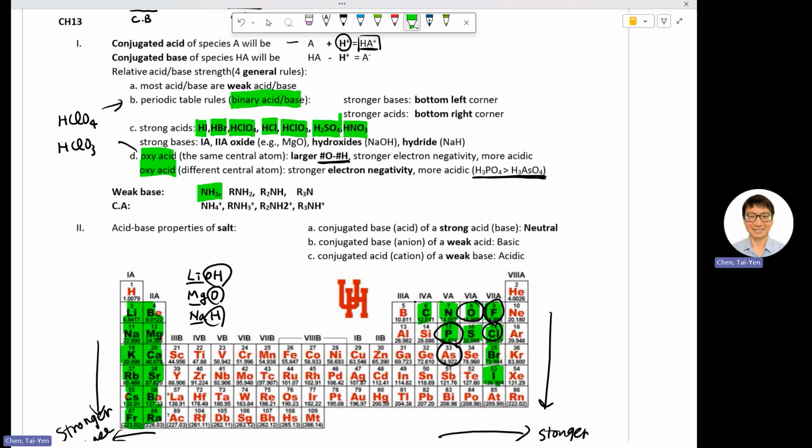Okay, so amine is a very, very well known and widely used base in your daily life. It will show up in various different ways. Sometimes you see NH3, RNH2, R2NH, or R3N, where the R represents the carbon hydrogen chain.